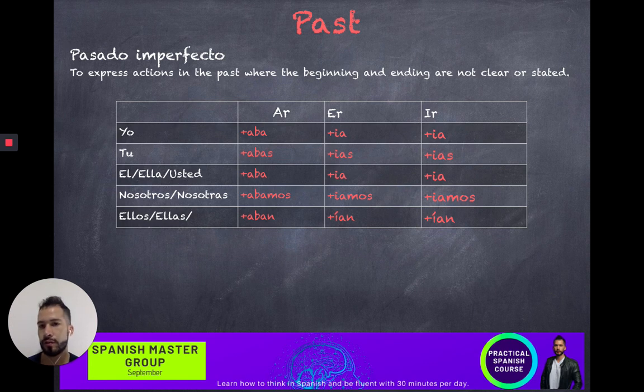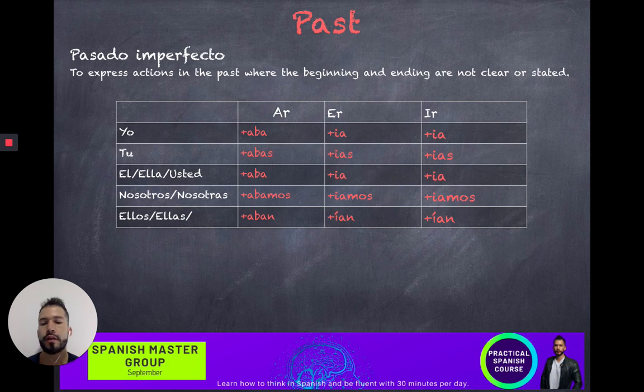Imperfect past or pasado imperfecto. You use it to express actions in the past where the beginning and ending are not clear or stated. So for yo, which is I, you add at the end of a verb, again, taking away the AR, you add aba.